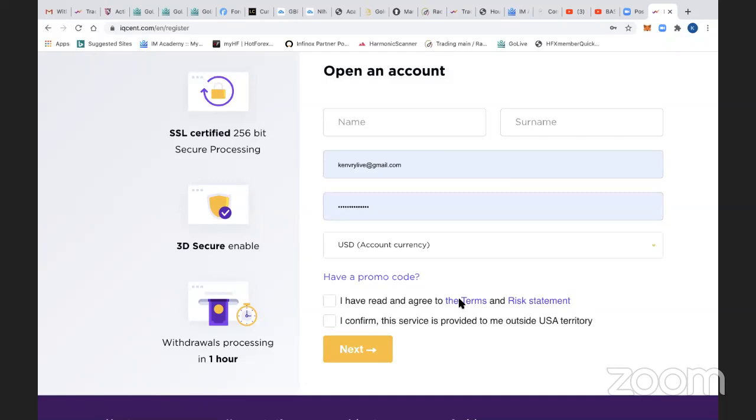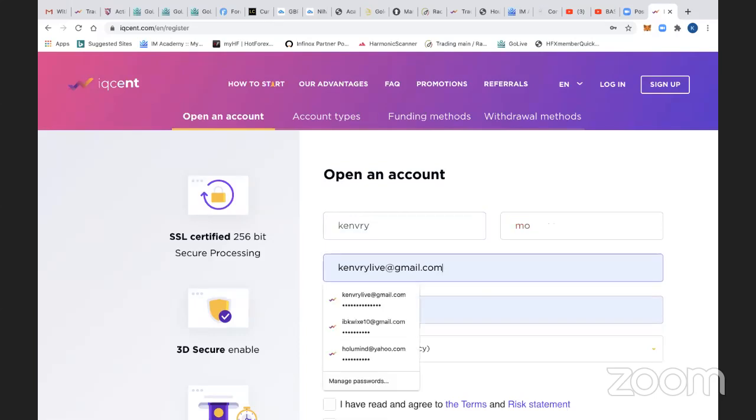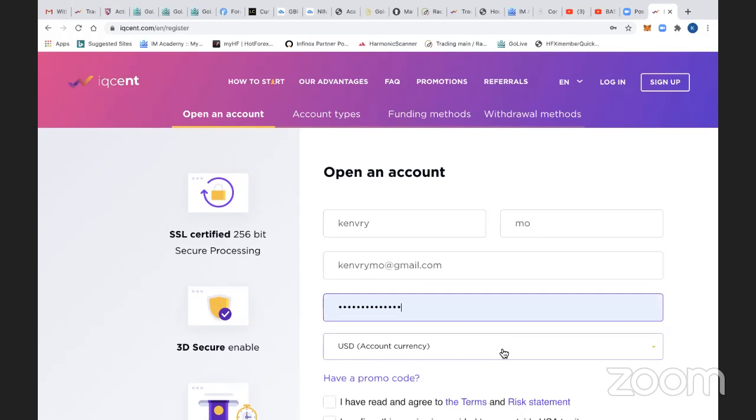Okay, so let me do like I want to open it. That's my password.